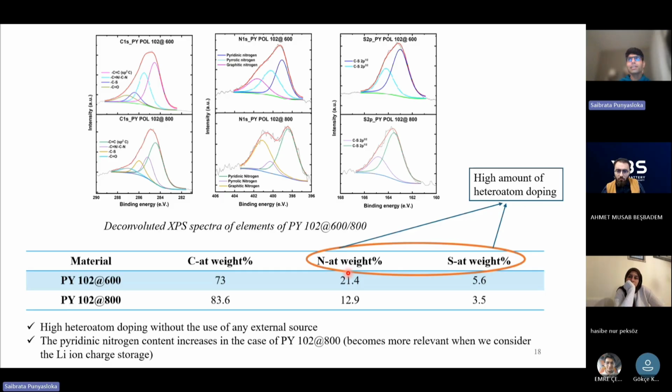Generally, when people are making porous carbon, they use urea, thiourea to add nitrogen, sulfur, very cheap ones. But here we are having a self template, where nitrogen and sulfur are already there. So when you are carbonizing, they can't simply vanish, and they get incorporated into the system. So even without addition from an external source, such a high amount of heteroatom was available.